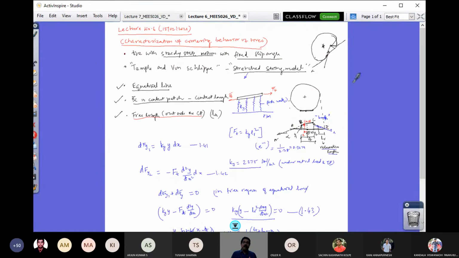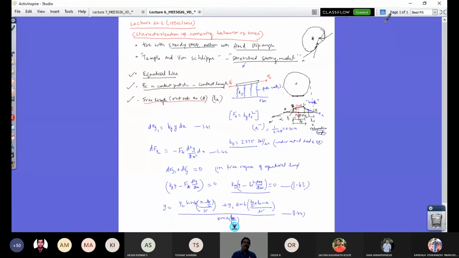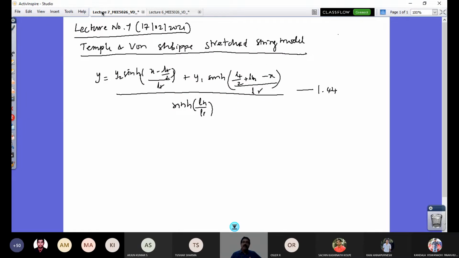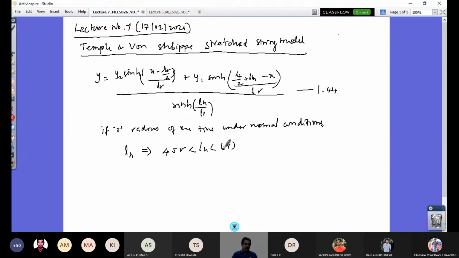Also look at some interesting values. If R is the radius of the tire under normal conditions, the free length LH in this equation would normally be between 4.5 R and 6 R, and your relaxation length LR is going to be about R, the radius.